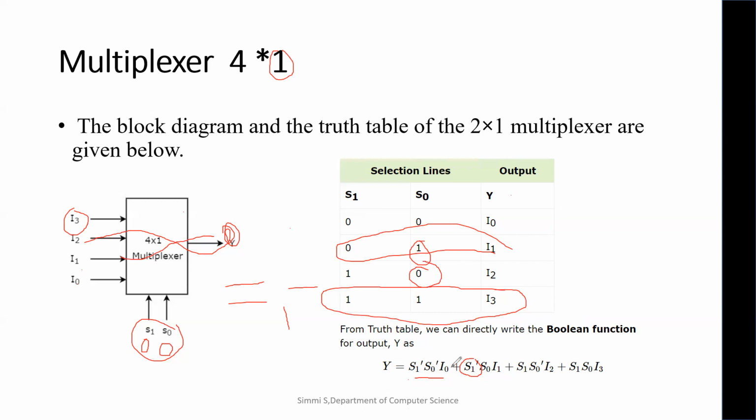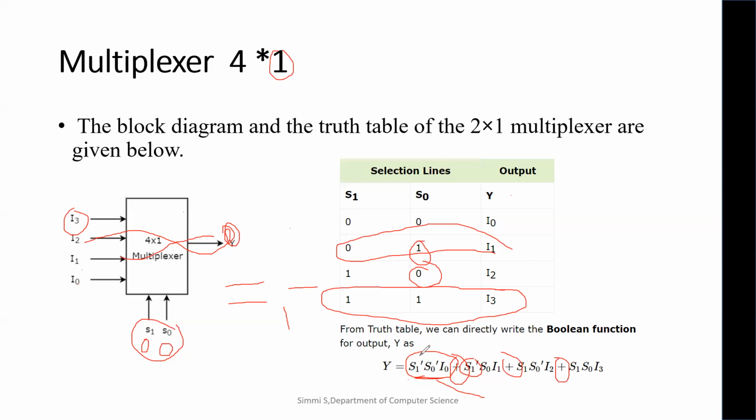For all the plus cases, we need an OR gate, correct? And for all these combinations, that is for S1 dash and S0 dash and I0, in order to get this particular function, we need an AND gate. So we need both AND gate and OR gate.